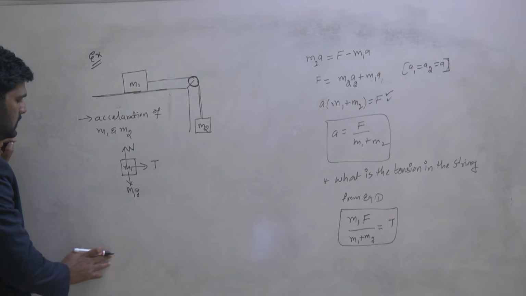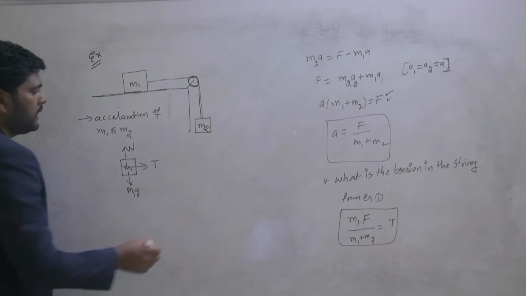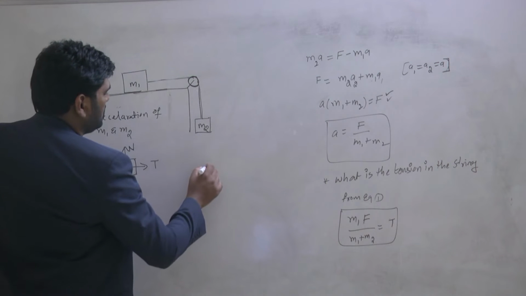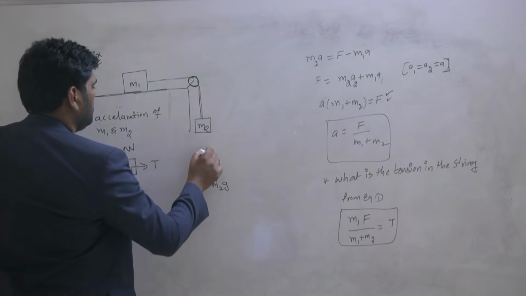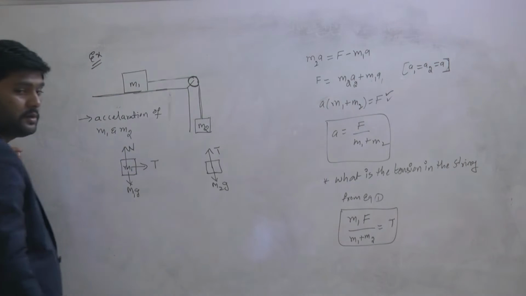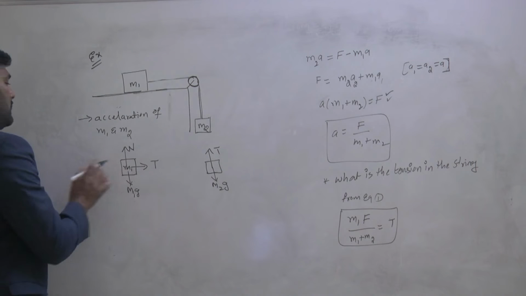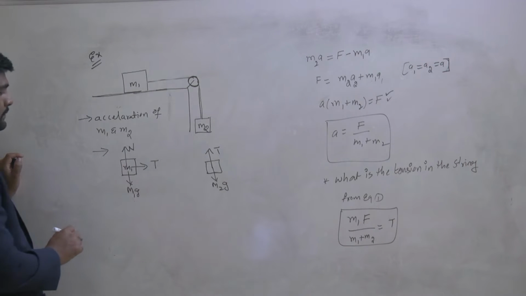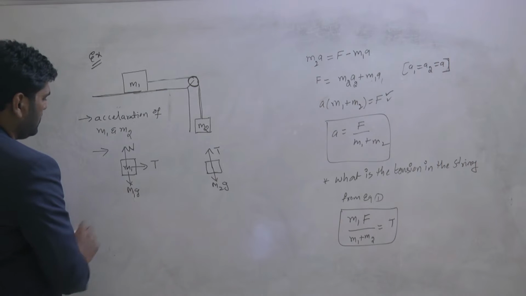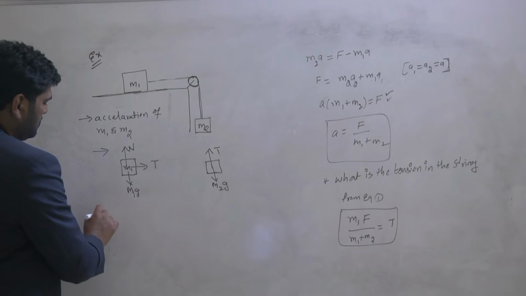Now one more free body diagram, of M2. M2G is acting in the downward direction and tension is acting in the upward direction. Look at here, the object is moving in this direction.